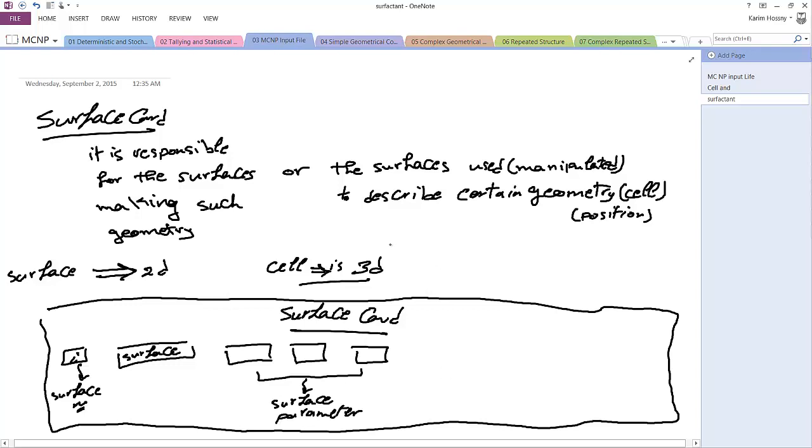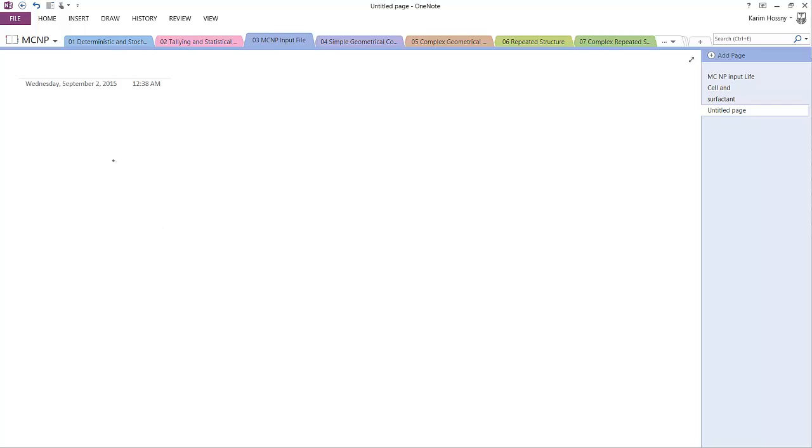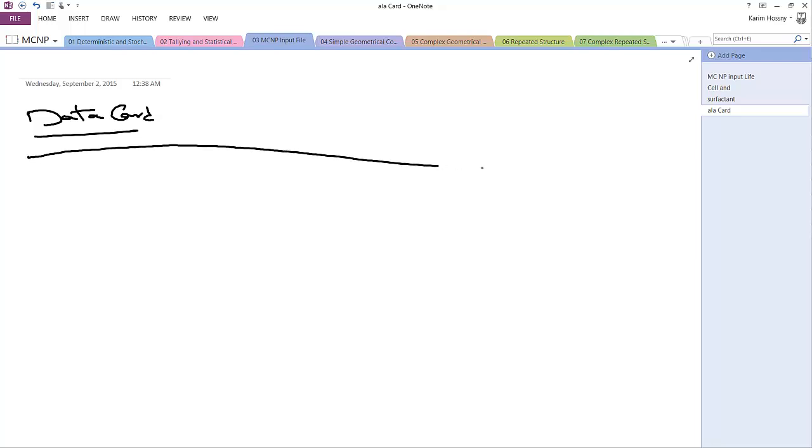Then we have to go to the data card. Till now, using the cell card and surface card, you have really done nothing with MCNP. You have used it like AutoCAD. The data card is what you really want to calculate using MCNP.